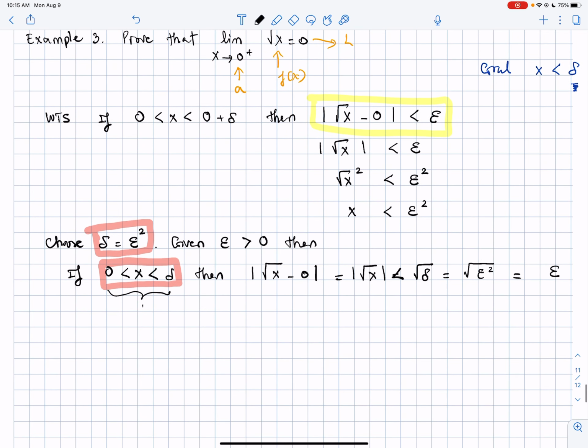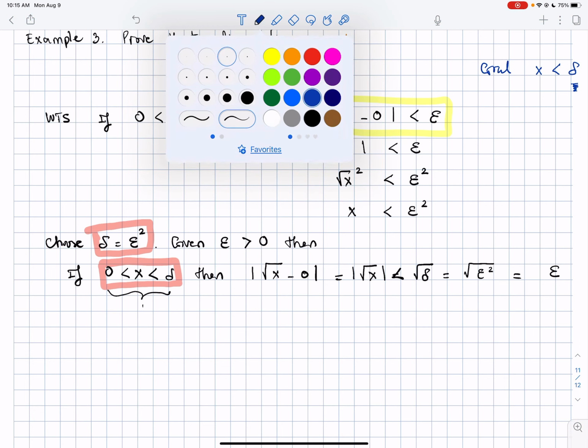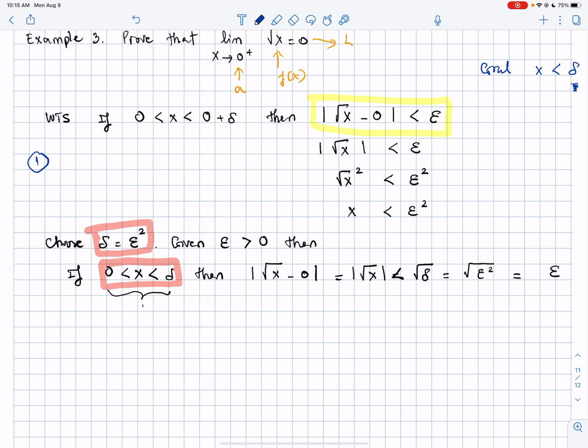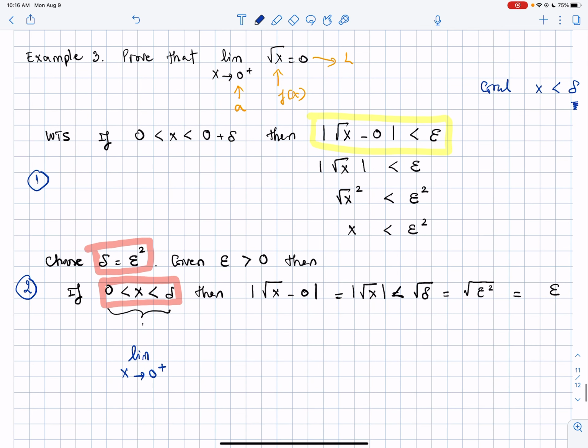So basically we have two steps. Step number one, we choose delta, and after we finish choosing delta, we check to see if it works. Then we can say that the limit as x approaches 0 from the right side of square root of x equals 0.